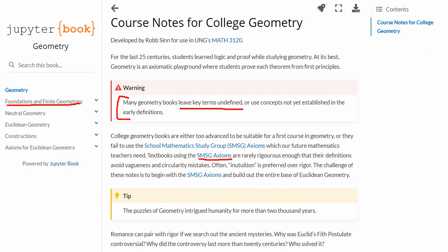They start with some other set of axioms, perhaps those by Hilbert, or Birkhoff even. So what I've done with these course notes is I've developed a set of notes where we start with the SMSG, but we still build all the rigor that we need.